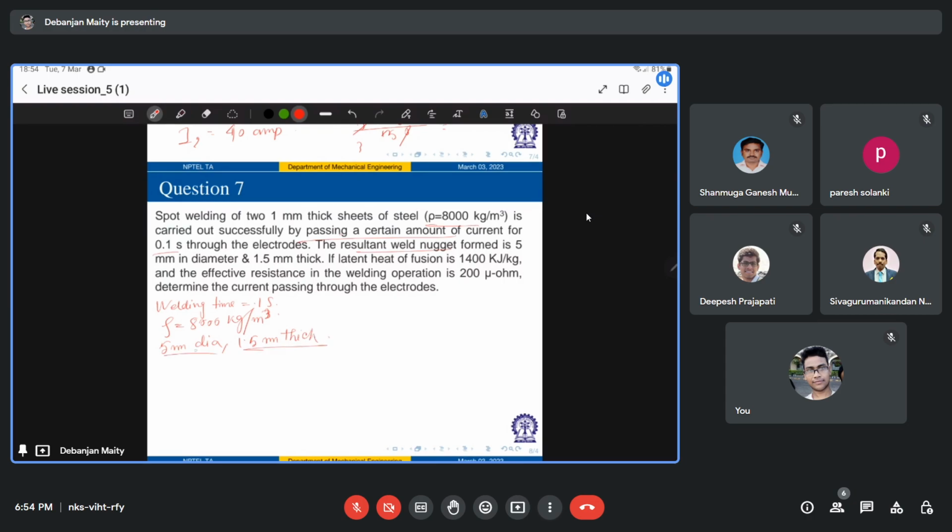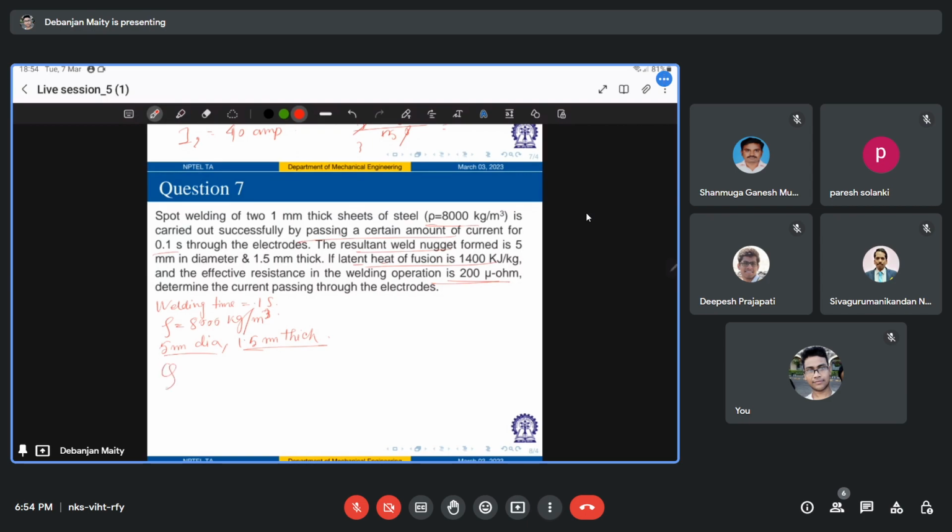This is the nugget thickness and nugget diameter. The latent heat of fusion is provided as 1400 kilojoule per kg, and the resistance is provided as 200 micro-ohm. We need to determine the current.